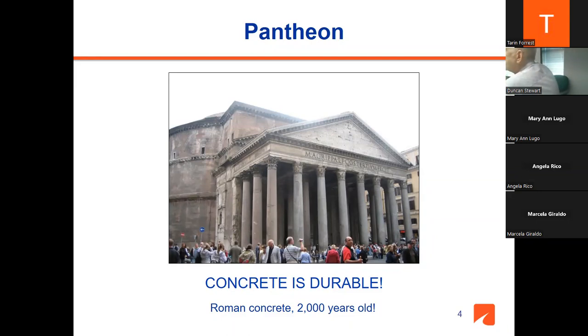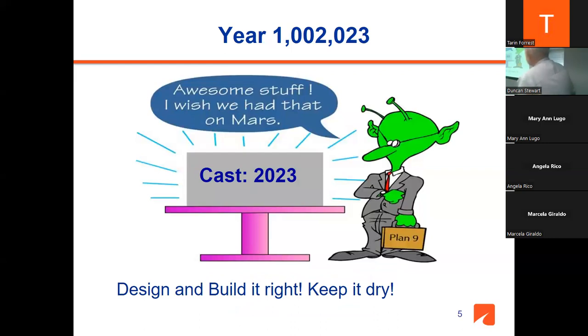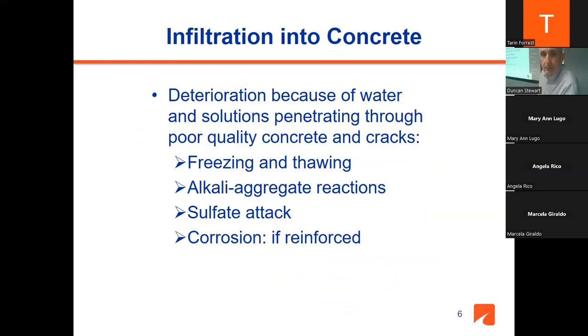So there is the longevity associated with the Pantheon. And we know that if we design it and build it right and keep concrete dry, it will last forever. So we know that it is a material that has durability as an important characteristic.